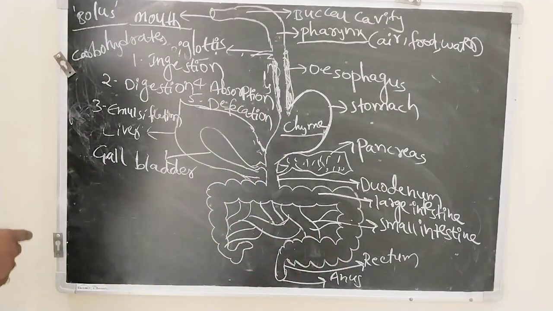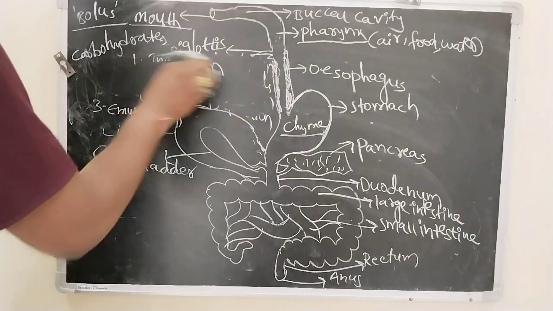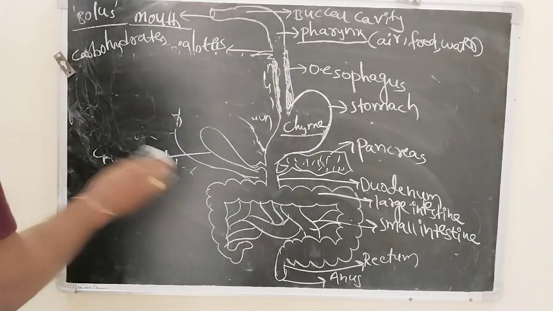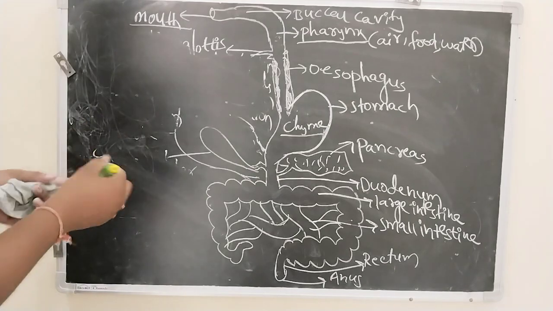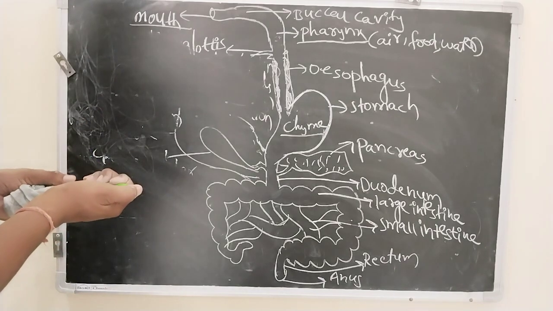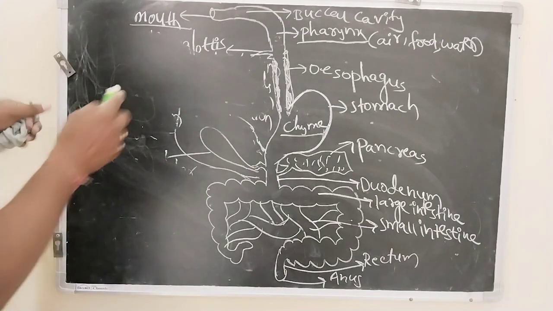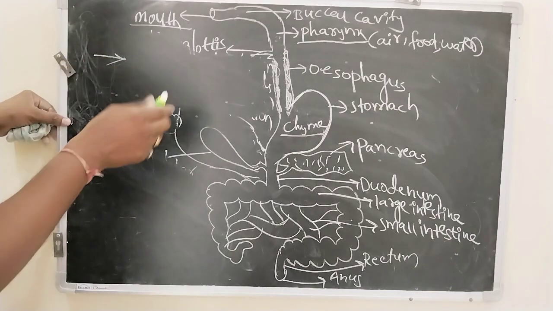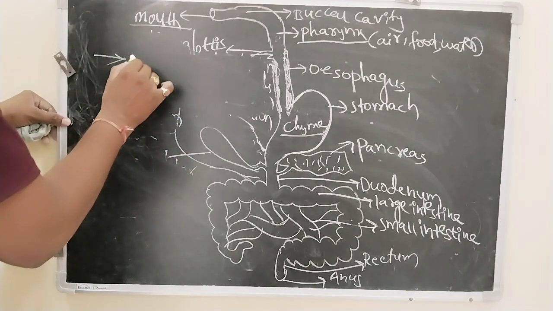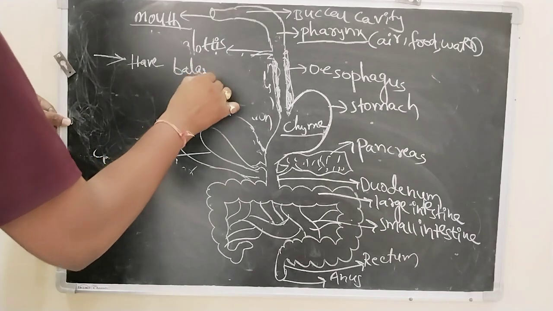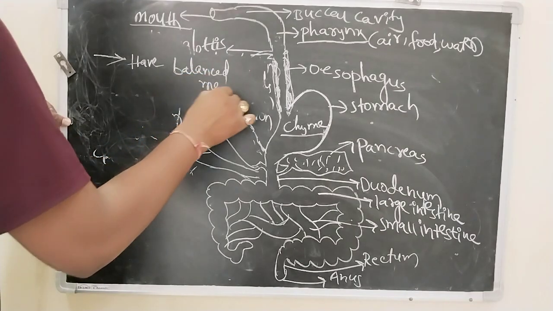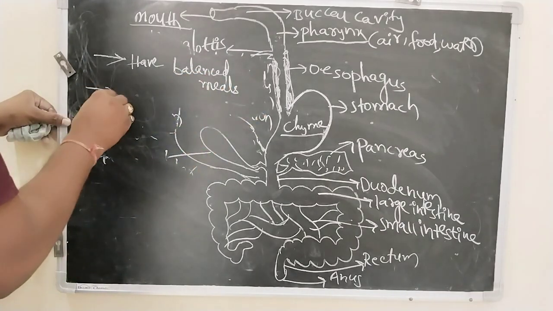Okay, next, health aspects related to the alimentary canal. We have to follow some rules related to our digestive system. That is, have simple and balanced meals, and eat in a leisurely manner.